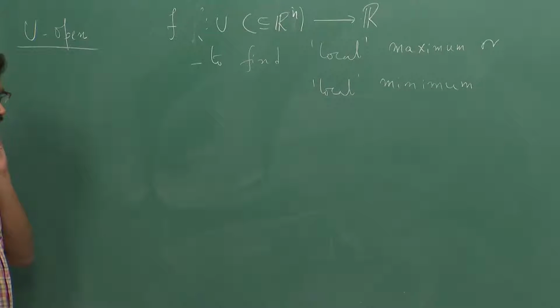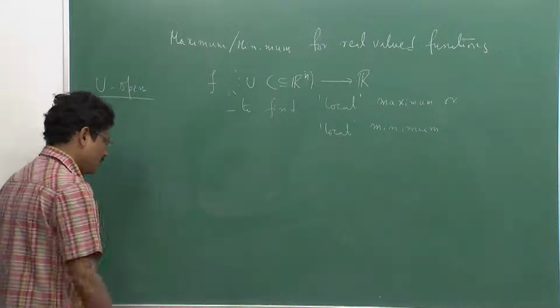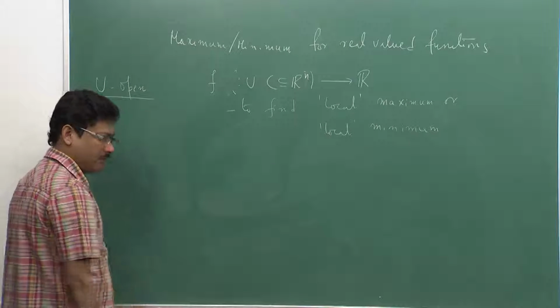We have done this problem for functions from intervals to R, and we are going to do it for functions of several variables. What is this local part, local maximum or minima?